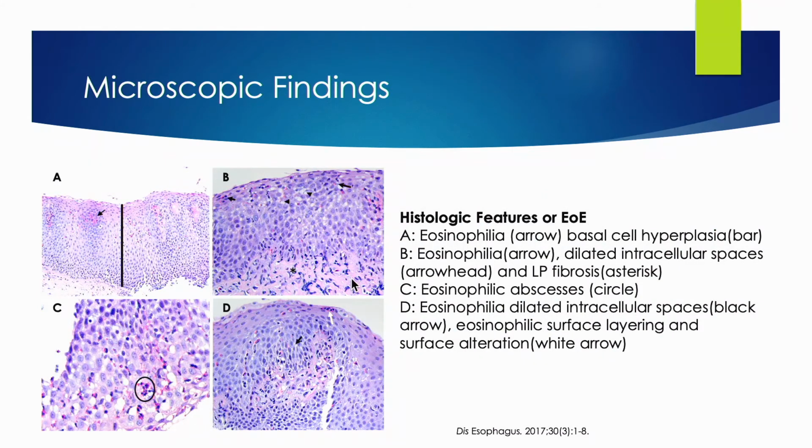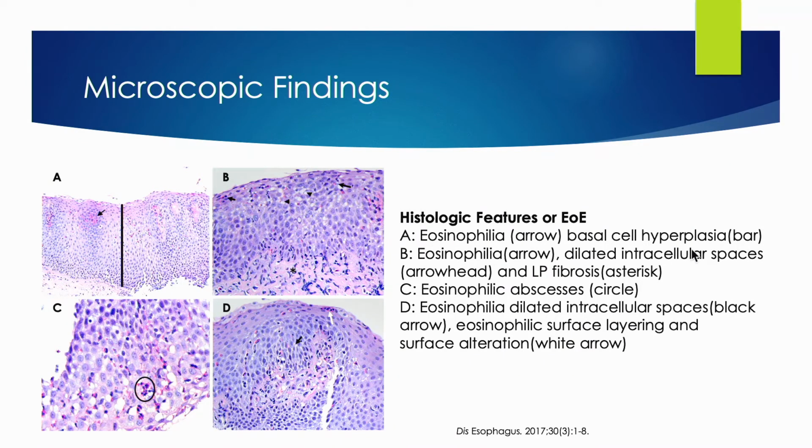Now, the hallmark of EOE is eosinophilia. However, there are other histologic features that could be important for disease severity and esophageal remodeling that we haven't really accounted for in clinical practice.